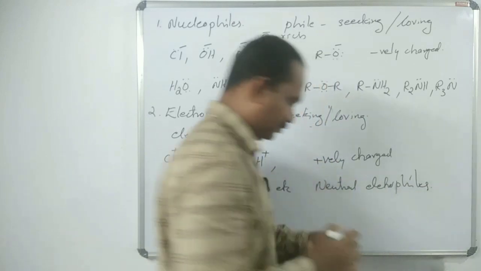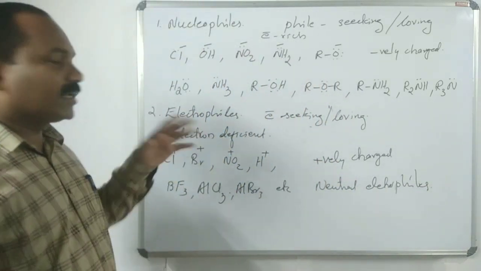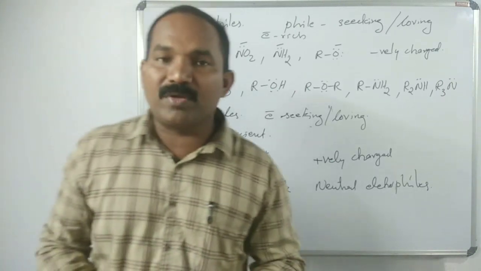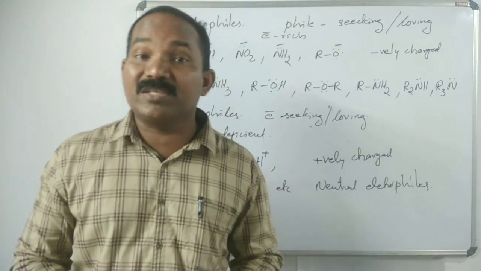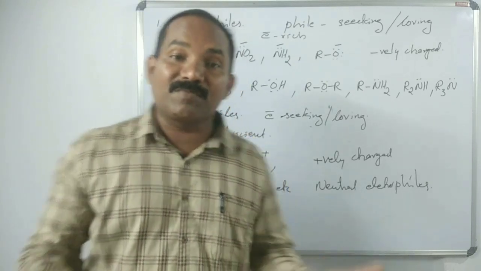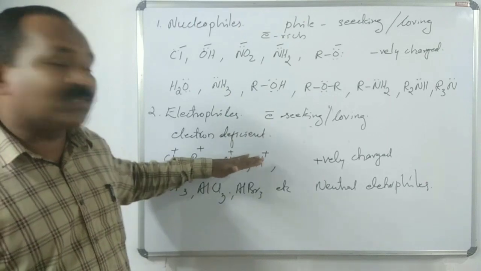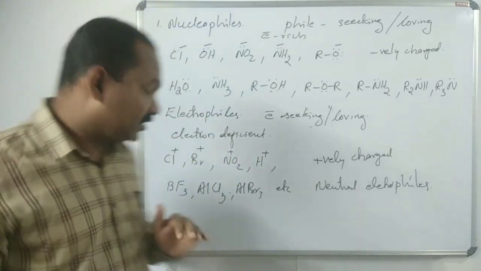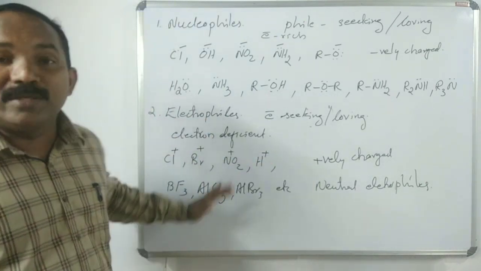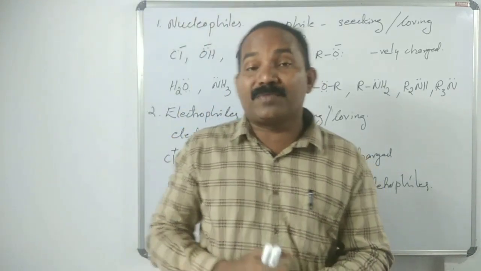So electrophiles are electron seeking or electron loving species. They are electron deficient, either positively charged or electron deficient neutral molecules. So these are positively charged electrophiles. These are neutral electrophiles. And the next is a free radical.